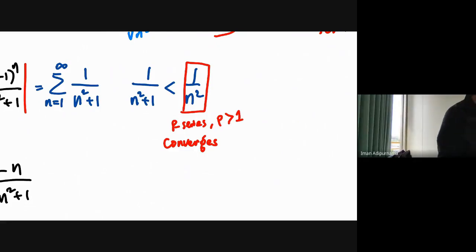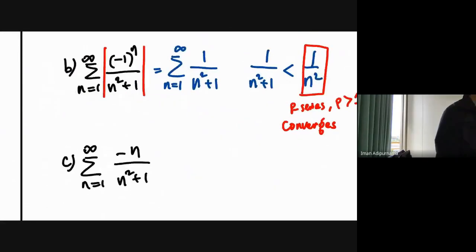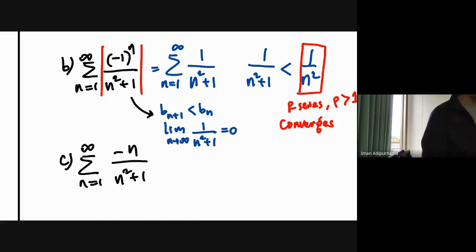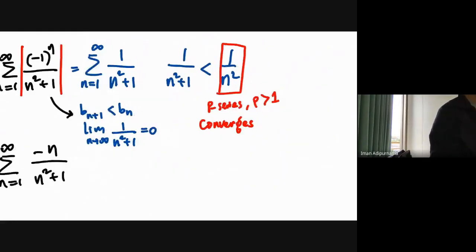And if we observe the alternating series, we know that b_(n+1) is less than the previous term. And the limit of the sequence in the series is going to be 0, so we can say this also converges.